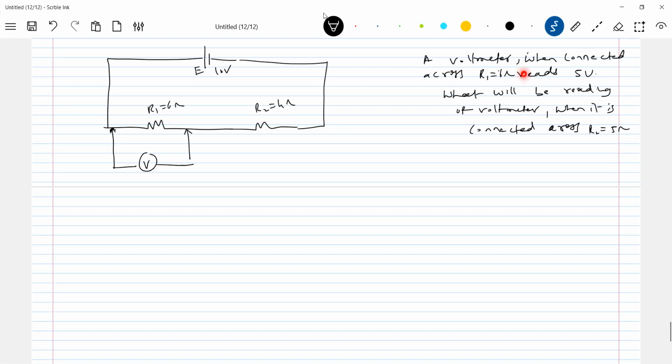So try to read the question. It's telling that when the voltmeter is connected across R1 equal to 6 ohm, it reads 5 volt. What will be the reading when it is connected across R2 equal to 4 ohm? There's no further information. It's telling when connected across R1 it reads 5 volt. When connected across R2, what will be the reading?